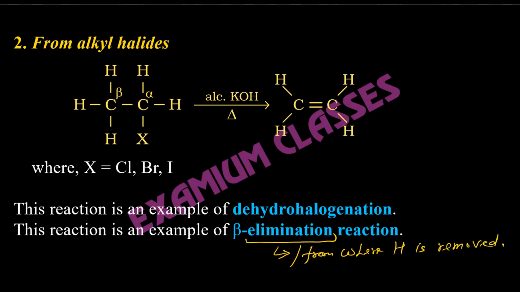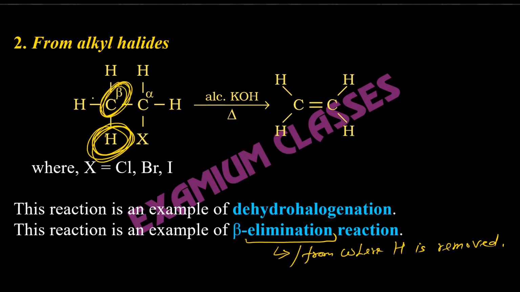So if hydrogen is removed from the alpha carbon, it will be alpha elimination. If hydrogen is removed from the beta carbon, beta elimination. If from the gamma carbon, gamma elimination. Having said so, in your syllabus, it will be beta elimination. You don't need to bother about alpha elimination, gamma elimination. In 99.9% of cases it will be beta elimination, which means the hydrogen will be removed from the beta carbon.